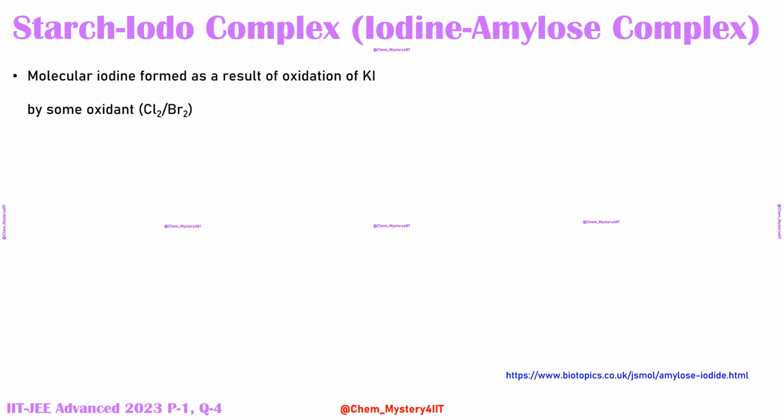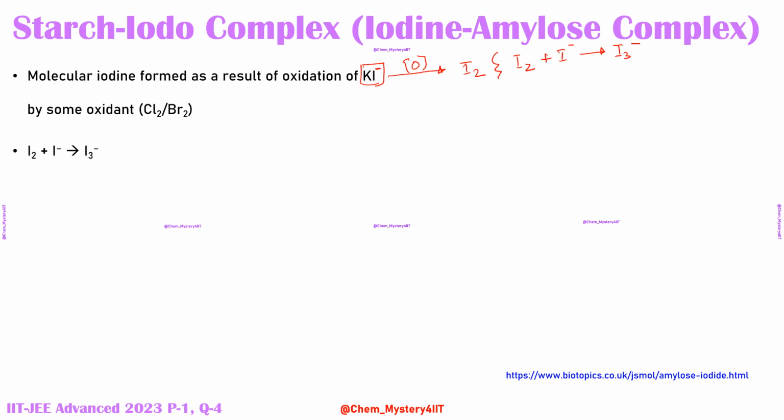So molecular iodine is formed from KI, which we have taken in the beginning, potassium iodide. This will be undergoing oxidation. Whatever oxidizing agent we are taking, that can convert this into I2, and then this I2 can combine with the iodide, and that can generate I3 minus ion.